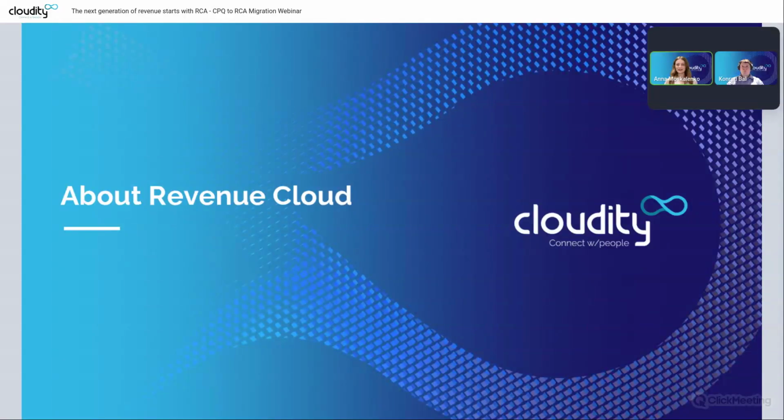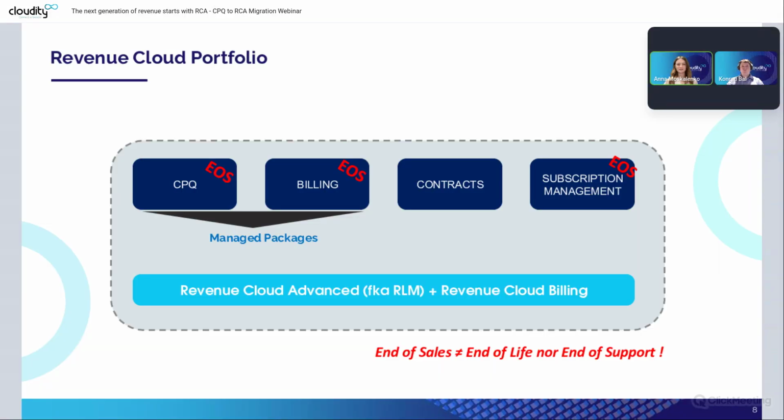So now, about the Revenue Cloud, maybe before I give the stage to Konrad, to cover the products right now. Before we had RCA, RCB, we had a couple of different products separately licensed. So CPQ, billing, contract management, subscription management, all of those were separate products combined in a way.